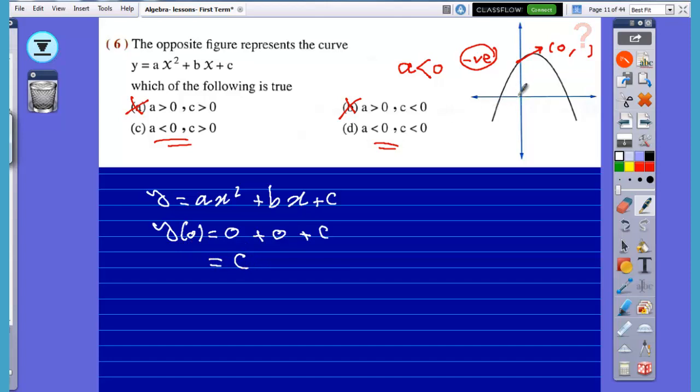But c belongs to the positive part of the axis here, right? So c must be greater than 0, and we will choose letter C. If the curve intersects the y-axis at the negative part, we will choose letter D, because in this case c is less than 0.